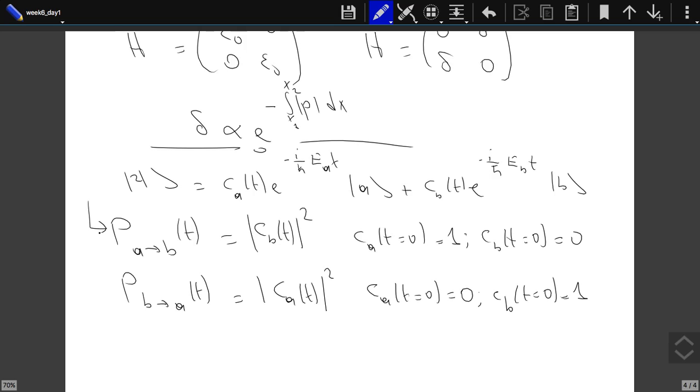So if I'm looking at the transition probability into state B, I just take the coefficient of state B at the time t. So Cb(t) squared tells me the probability that I will observe my system in state B at the time t. And that is the probability I'm looking for.